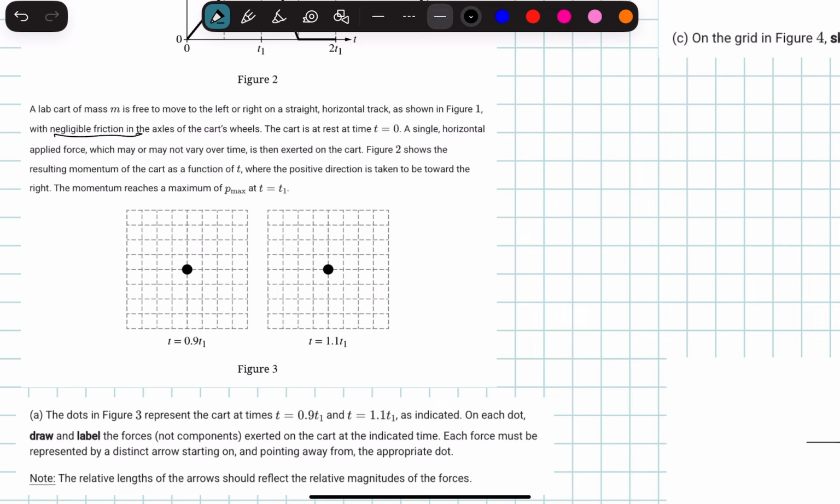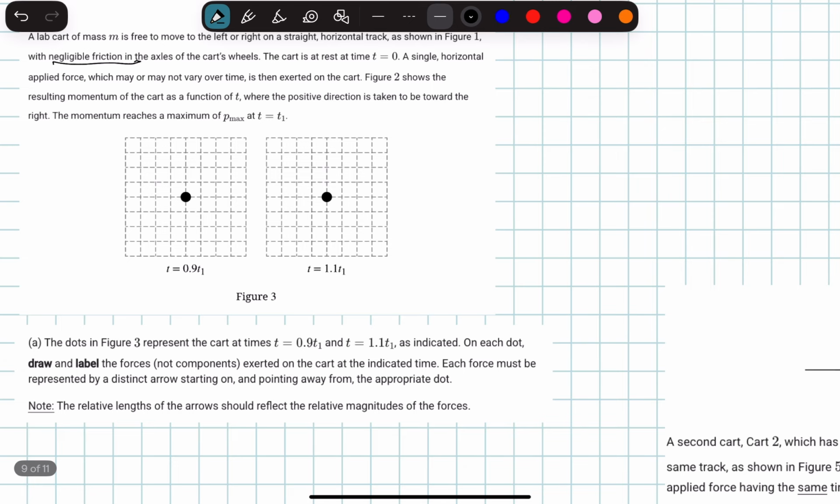We first have to identify the forces acting on the cart. The cart is on a horizontal track with negligible friction, so the forces are the weight mg downward, the normal force, and also the applied force from the push.